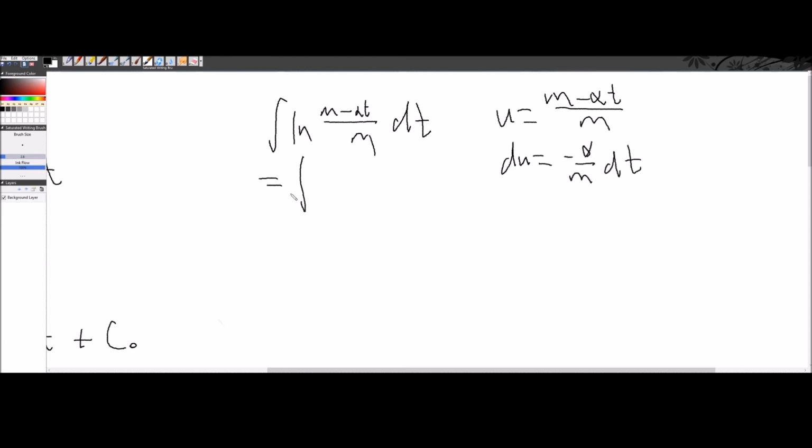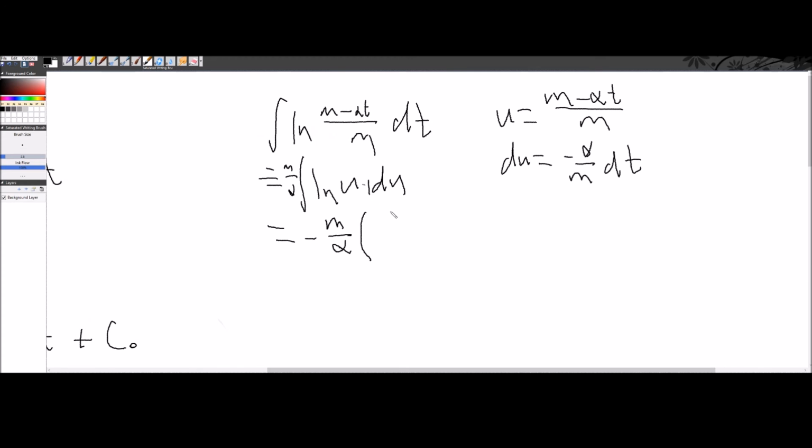You put negative m over alpha ln u du. Now you get negative m over alpha, well, the integral of ln u du, right? So how would you get rid of ln u? You've got to take out derivatives here somewhere. So just split it up into ln u du times 1, and let's use integration by parts.